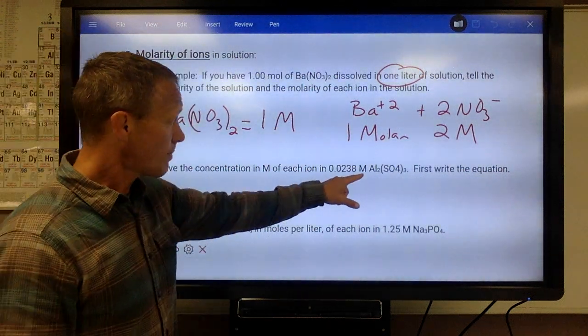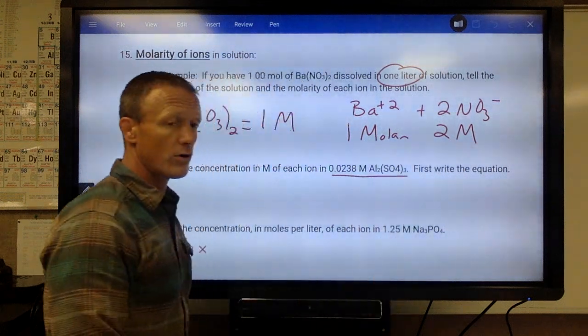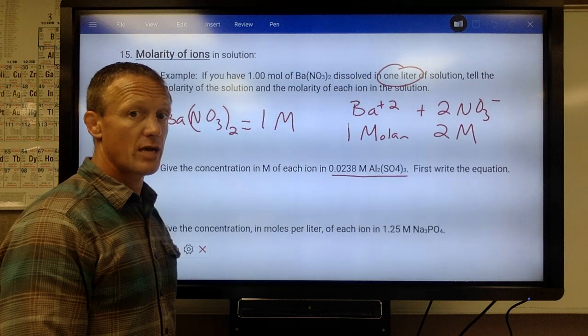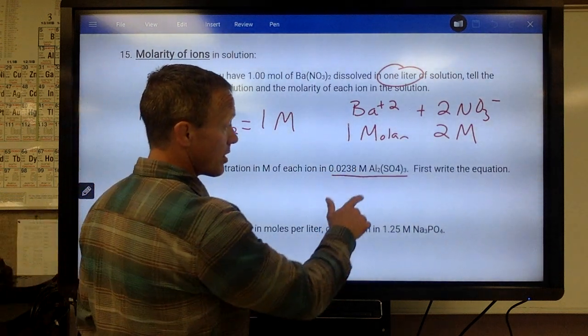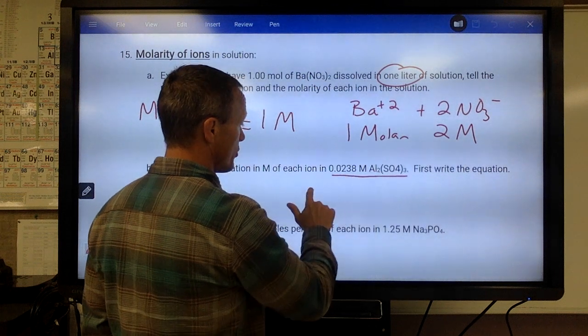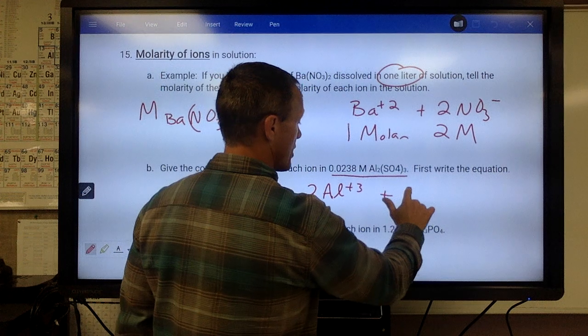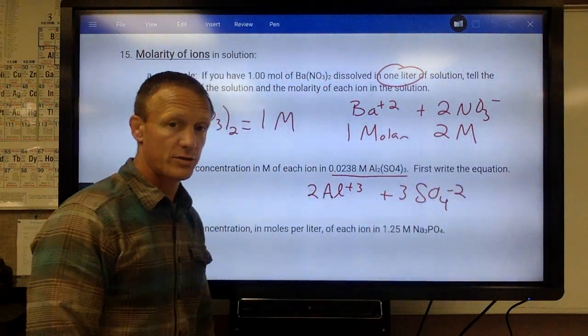So here, if we have this concentration of Al2(SO4)3, let's think about the concentration of each ion. That's the concentration of the whole compound. Every mole of that compound produces 2 moles of aluminum ions and 3 moles of sulfate ions.